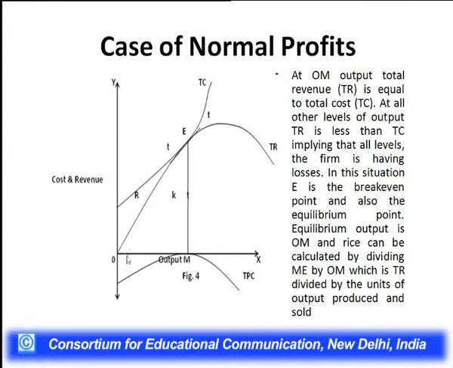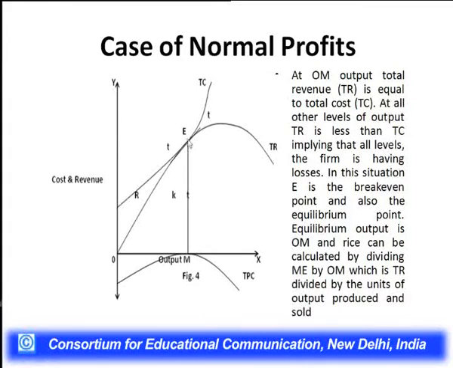In figure 4, output is shown on the x-axis, and cost and revenue on the y-axis. The TR curve starts from the origin, TC starts from above the origin, and at point E, TR is equal to TC. So E is the equilibrium point as well as the break even point.